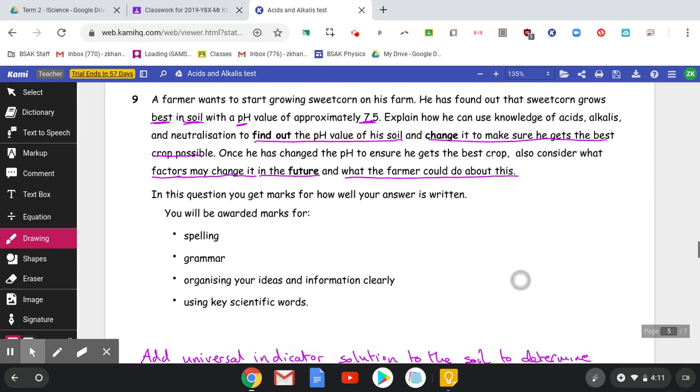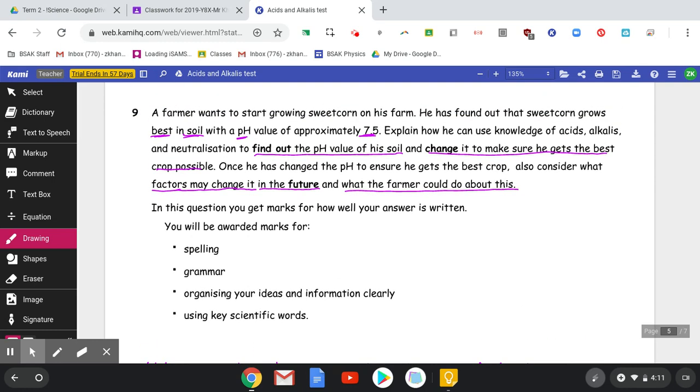Final question. There's 4 points that you need to address, and this is where attention to detail is required. So there are 4 separate points that the question wants you to address. First, it wants you to address how we are going to figure out the pH of the soil. Then we need to make a couple of statements of how we are going to make sure that the crop gets the best possible yield.